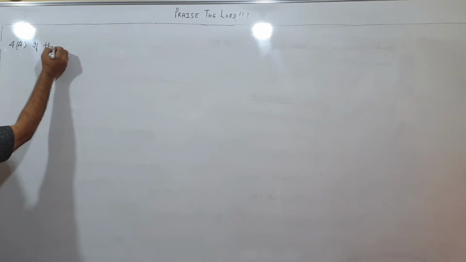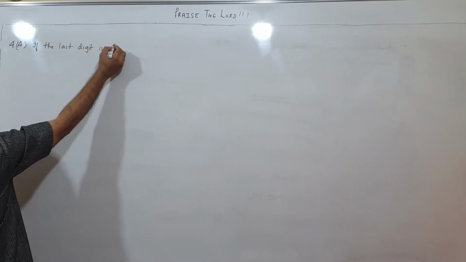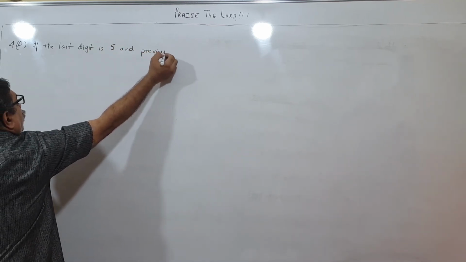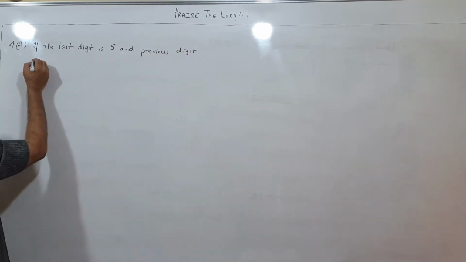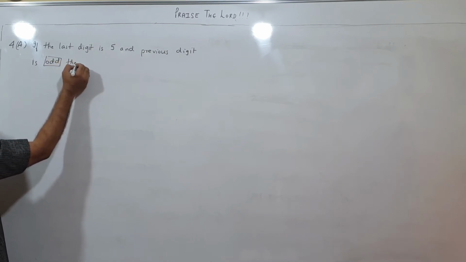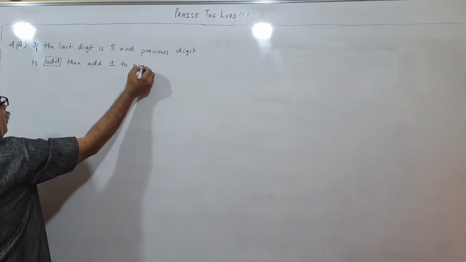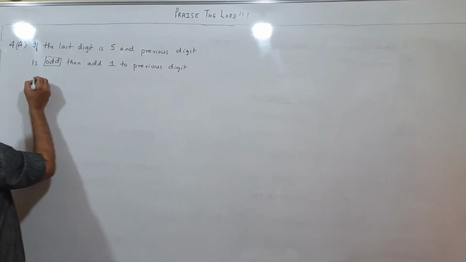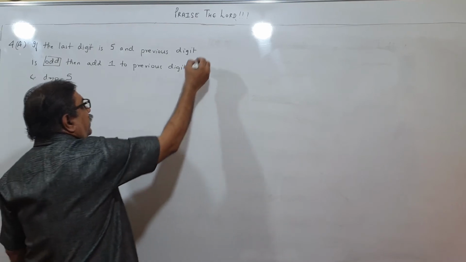If the last digit is 5 and previous digit is odd, then add 1 to previous digit and drop 5.